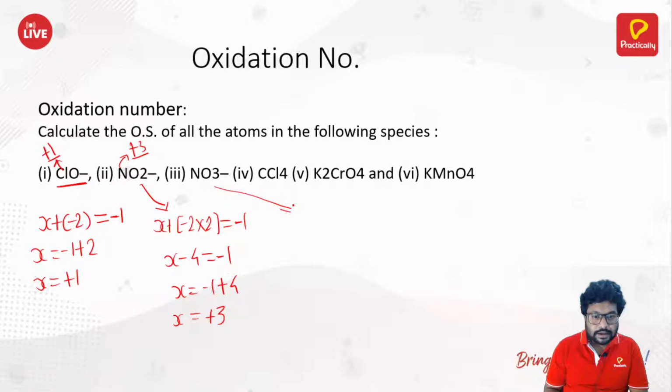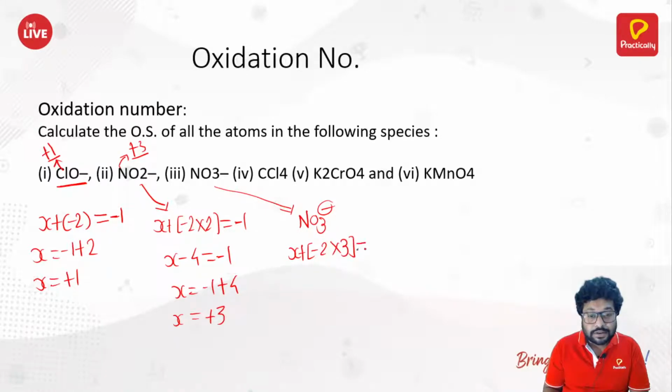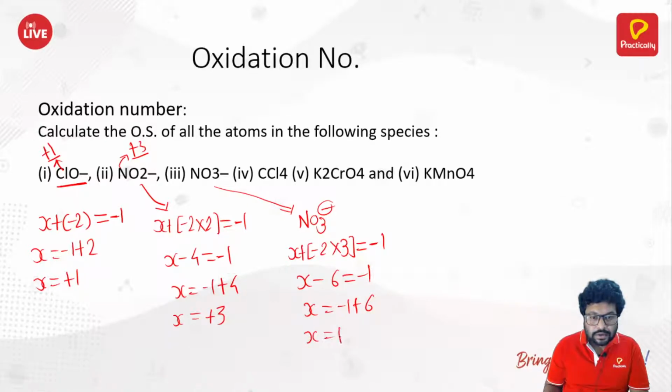Then NO3 1 minus. Nitrogen again X, 3 oxygen minus 2 into 3 is equal to minus 1. So X minus 6 is equal to minus 1. X is equal to minus 1 plus 6. X is equal to plus 5.